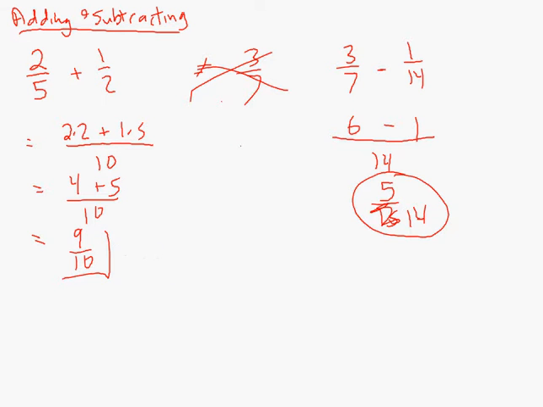So now we are ready to take a look at the algebra portion. What if I had, we'll start pretty simple, 2 over xy plus 5 over 3x? It is the same process as we just went through. I ask myself, what is the common denominator? To get that, I look at the denominators of all the fractions involved.